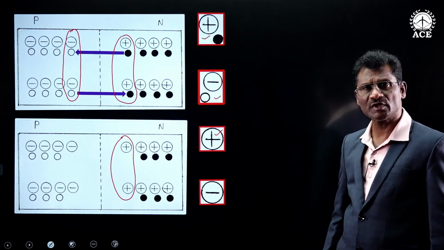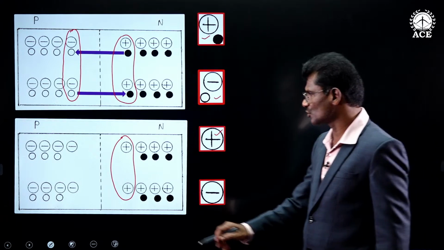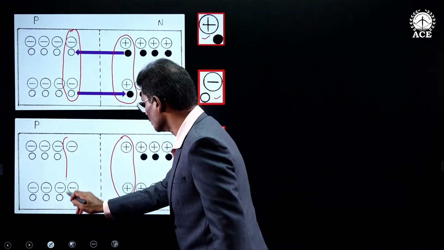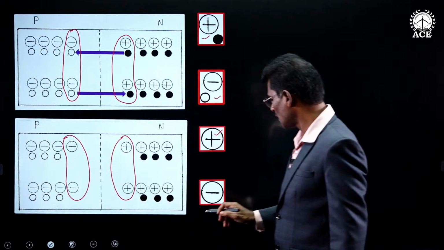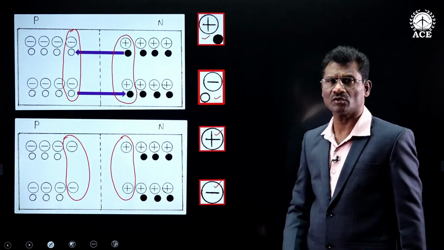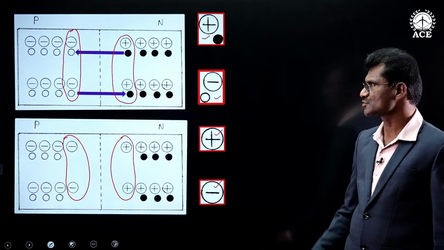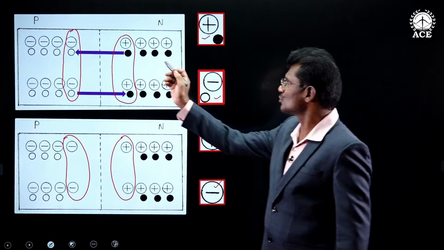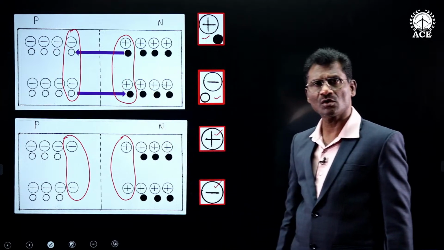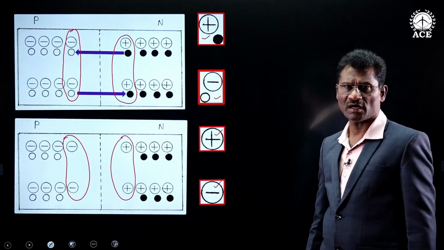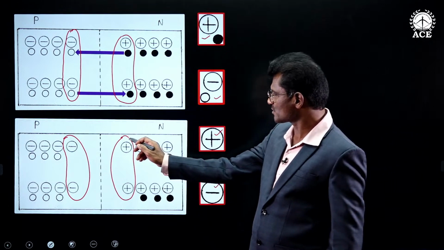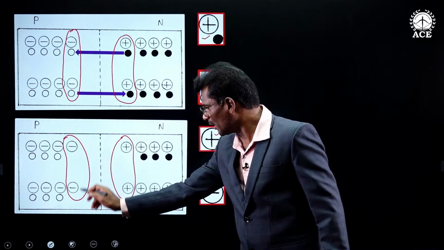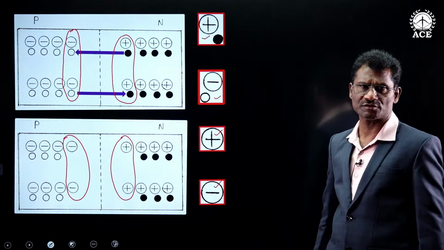Due to EHP recombination, they have lost holes, and hence all of them have now become negative ions. So can we now say that due to diffusion, electron hole pair recombination has occurred, and at the center some positive and negative ions got created.